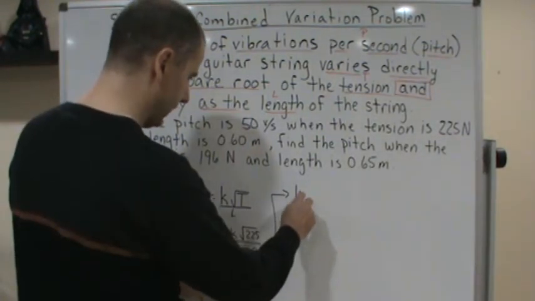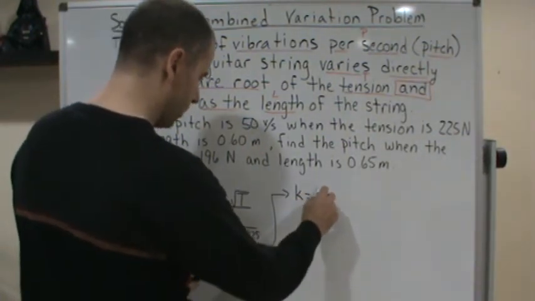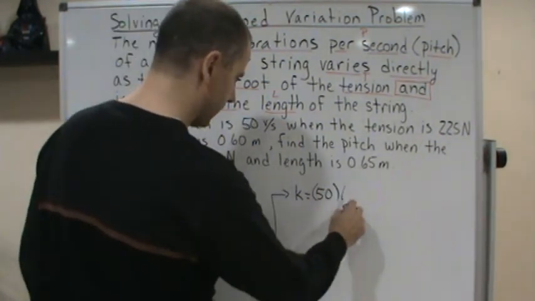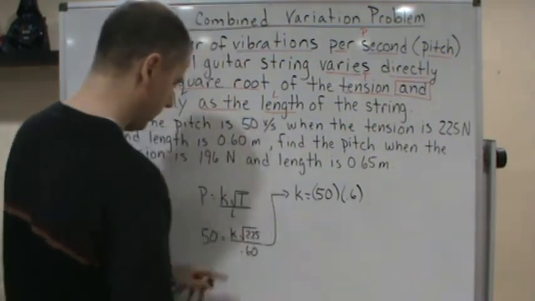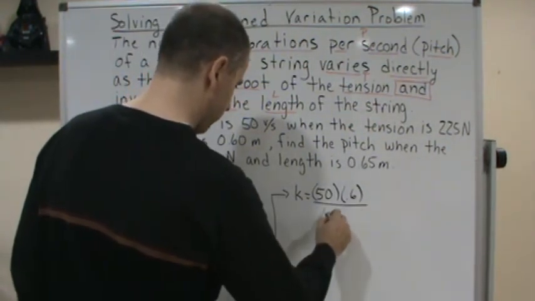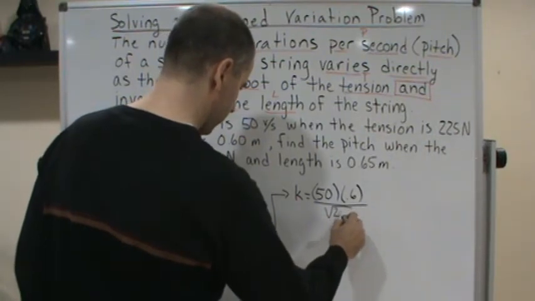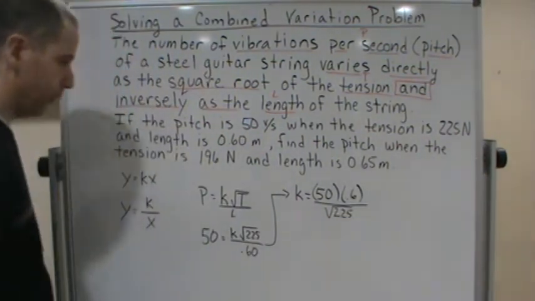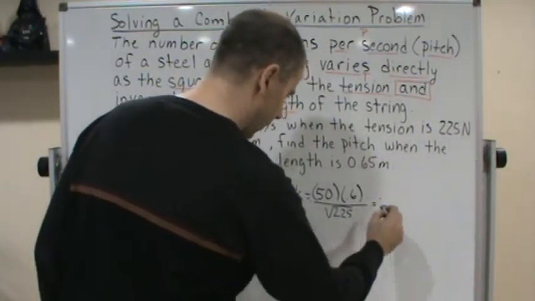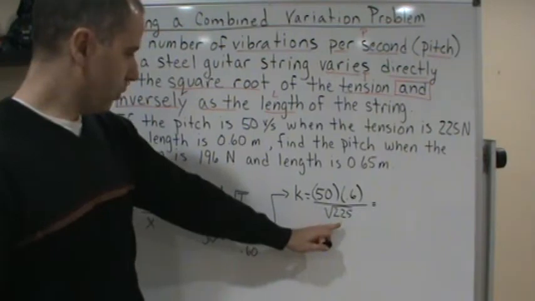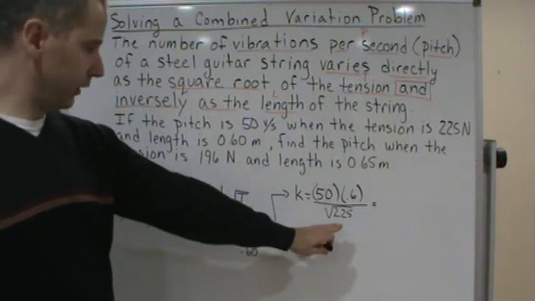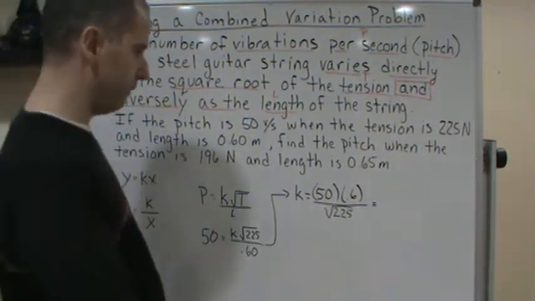So k equals 50 times 0.6 divided by the square root of 225. Be careful here: the square root of 225 is 15. If you don't know that, that's fine, use your calculator, but 15 squared is 225.